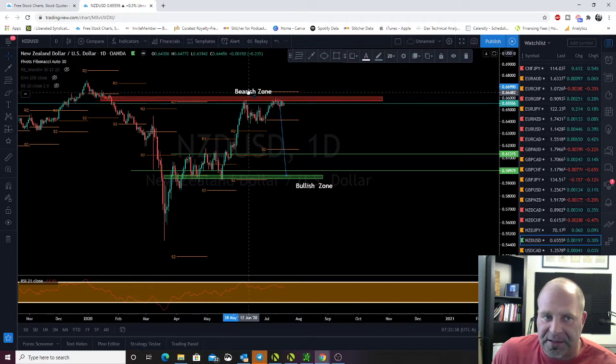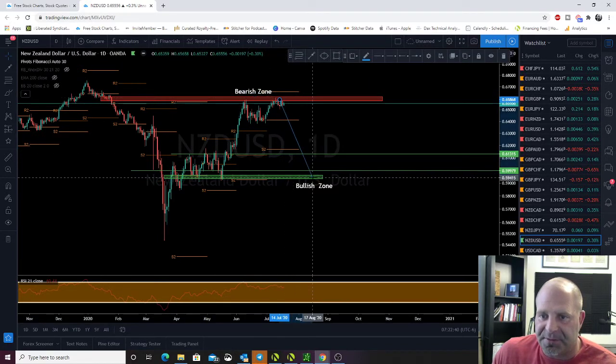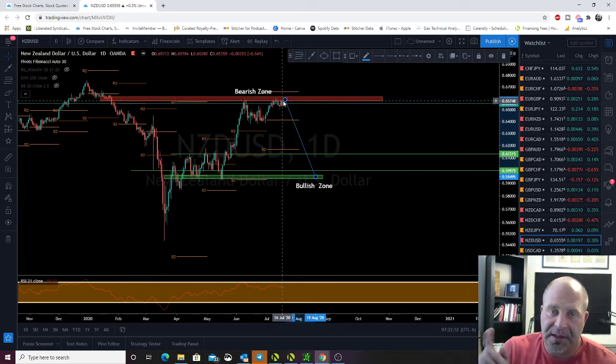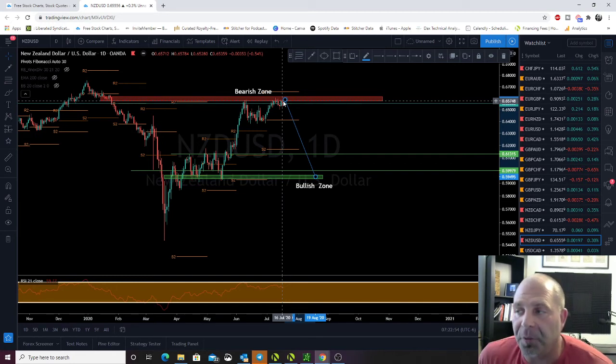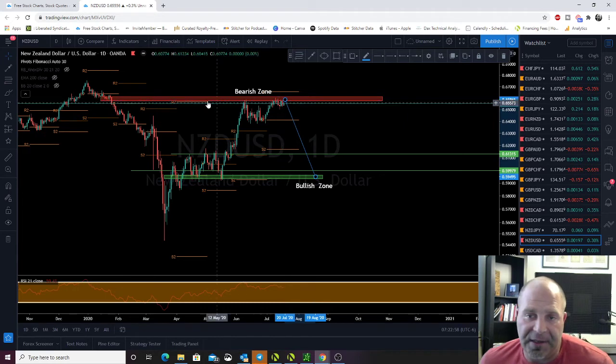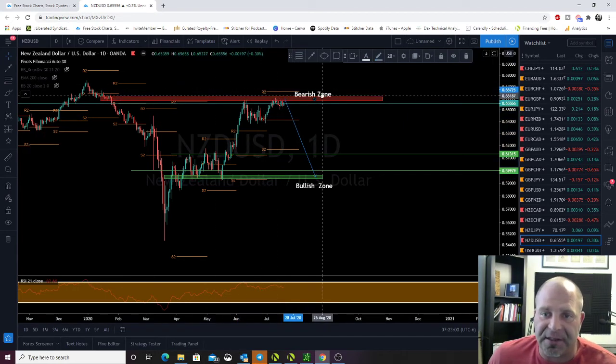And like I said, guys, I'm anticipating some strength in the dollars. This is a perfect pair to scoop up some of those dollars and catch it at a really good price. Because here in America, we are being affected by this second wave, and that should be weakness in the dollar.